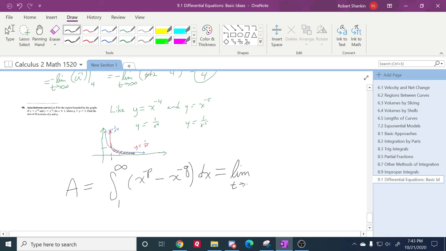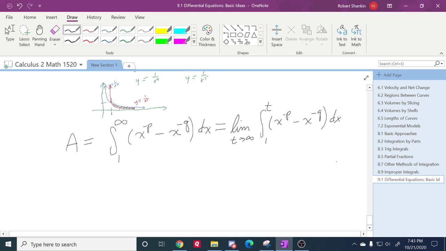into T. Okay, and then this will equal, we take the antiderivative of these.